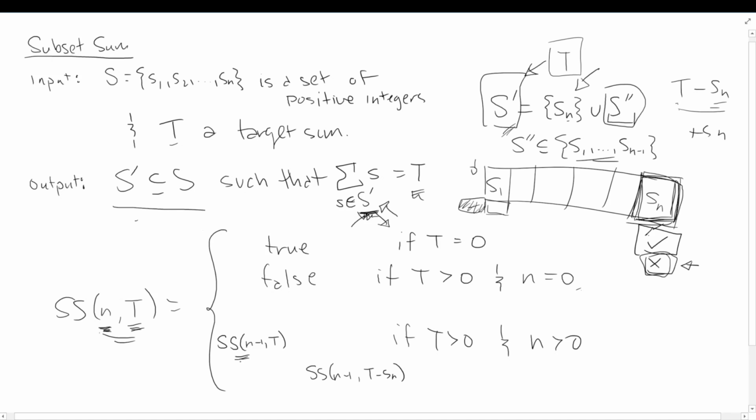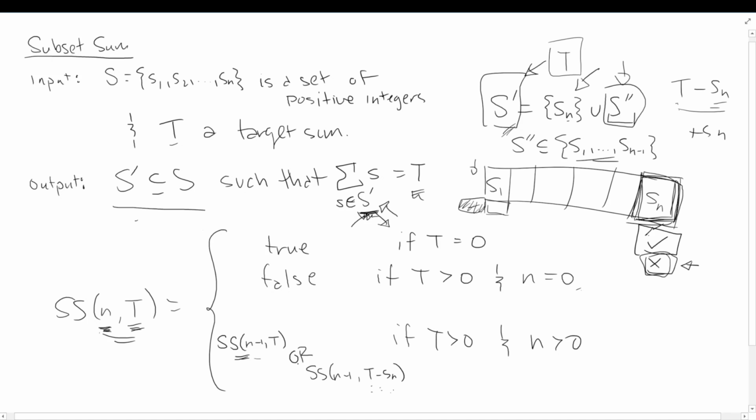If we could already make a subset of the first n minus 1 elements that adds up to T, or, I need to write the or in here because this is how we're going to join these two together, or if out of the first n minus 1 elements there was a subset that added up to T minus S of n. And if there was, we'll call that one S prime, we'll add Sn in, and that will give us a subset that adds up to T.